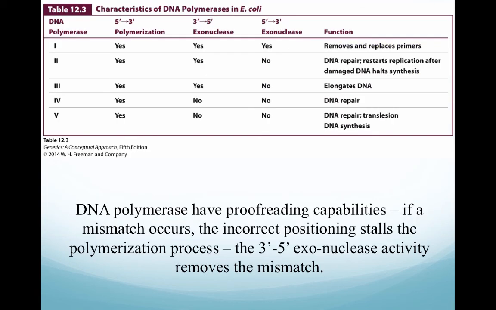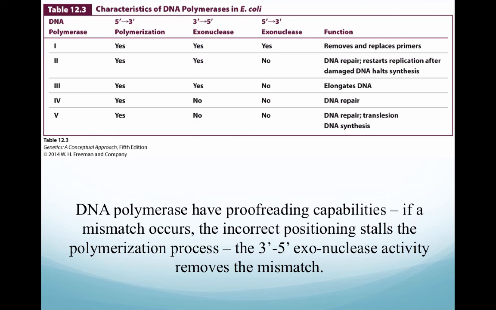So talking a little bit more in depth about DNA polymerase, we've got 5 main types. DNA polymerase 3 is really important for us because it elongates DNA. Okay, so it works in the 5' to 3' direction. It also is a very cool protein. It has a little bit of an ability to read in the 3' to 5' direction when it's synthesizing genetic material.